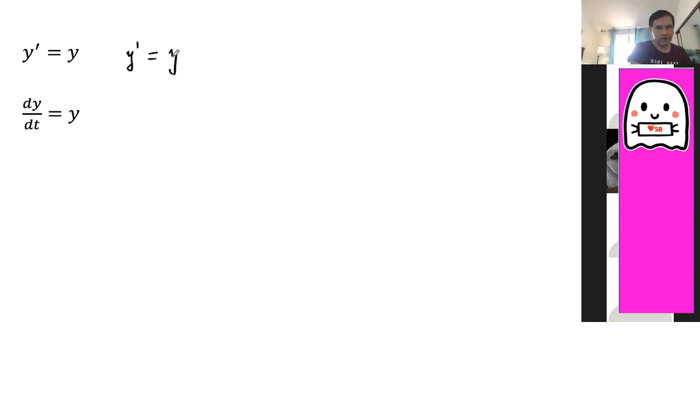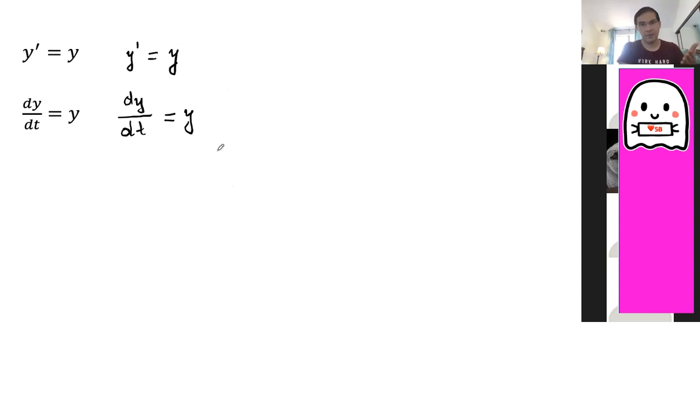Another way to write this differential equation: the derivative of this function y with respect to t is equal to y. This is a very simple separable differential equation, which at the same time is autonomous. So let me solve this.